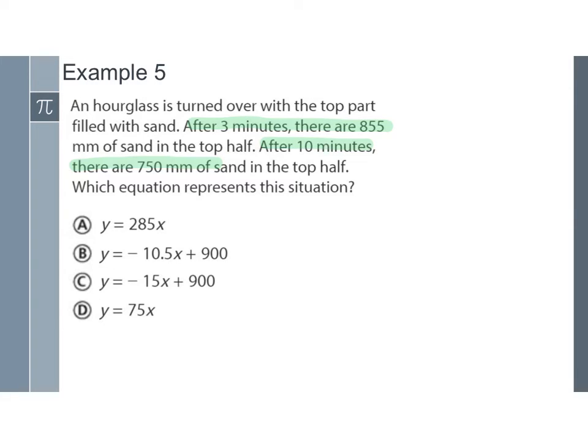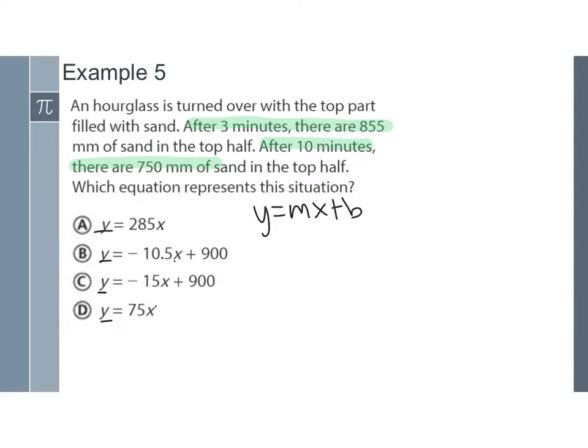So let's take a look at our answer choices just to see what kind of equation we're going to be looking for. All of our answer choices have a y and an x, and they're in that slope-intercept form order. So we're going to be looking for an equation that looks like y equals mx plus b.